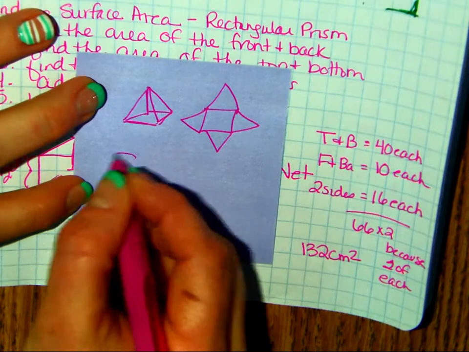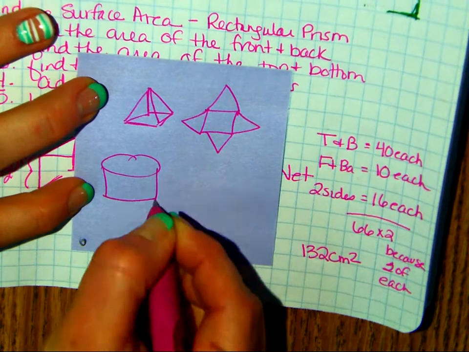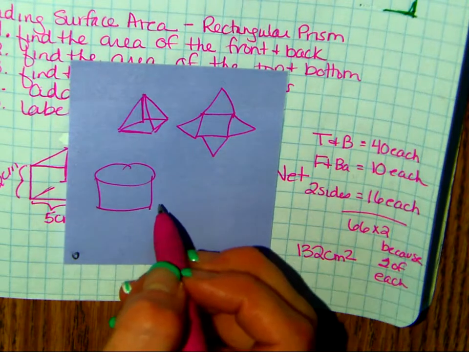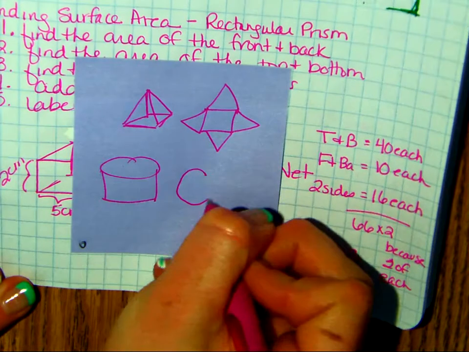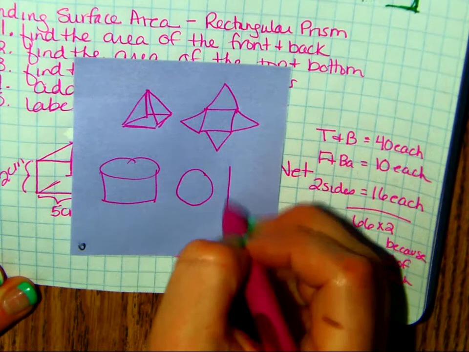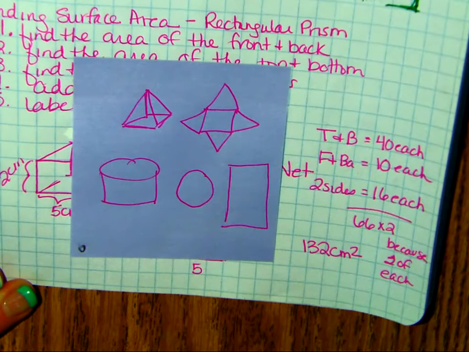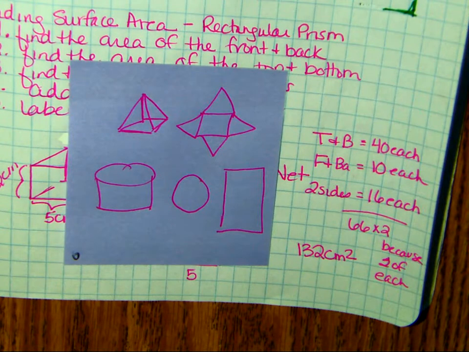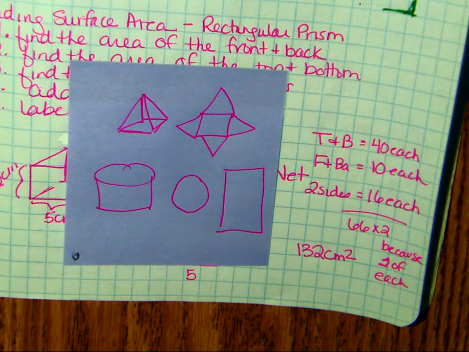Think about a cylinder, like a can. A cylinder has a circle on the top and bottom, and then a rectangle that connects them. Think about a soup can. If you've ever pulled the label off a soup can, isn't it just a big rectangle?